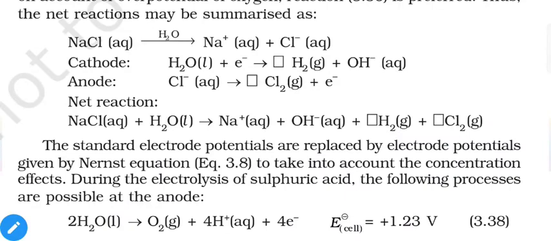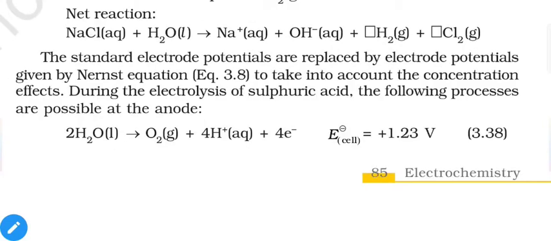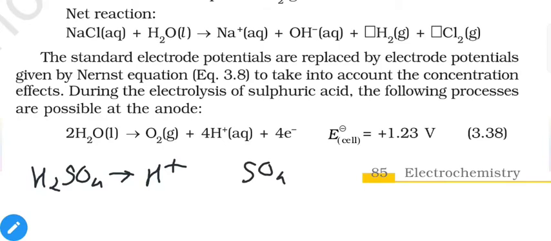Now standard electrode potentials are replaced by electrode potentials given by the Nernst equation to take into account the concentration effect. During the electrolysis of sulfuric acid, the following processes are possible at the anode. We have a solution of H2SO4, that means H2SO4 can produce H+ and SO4 2-.